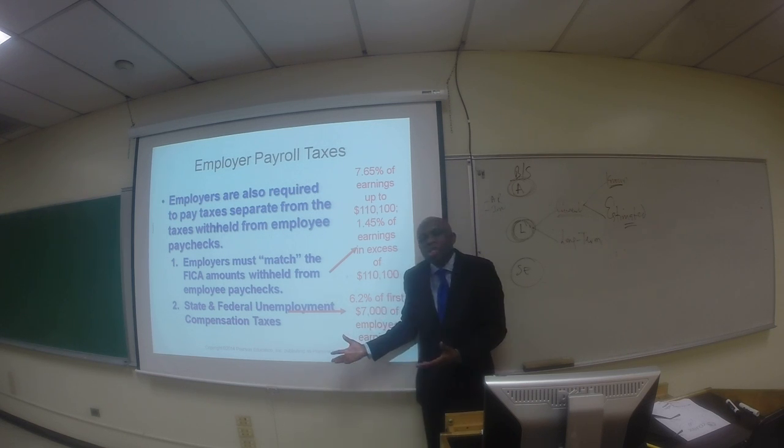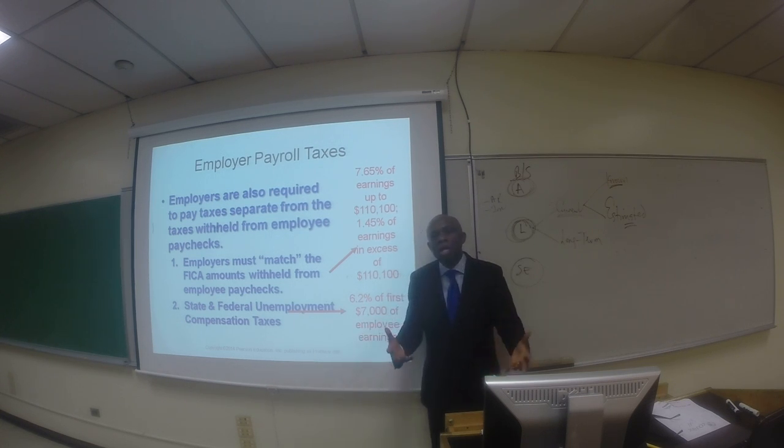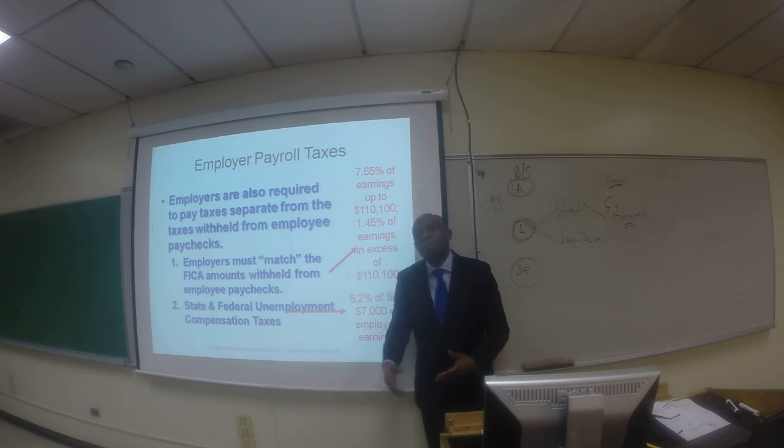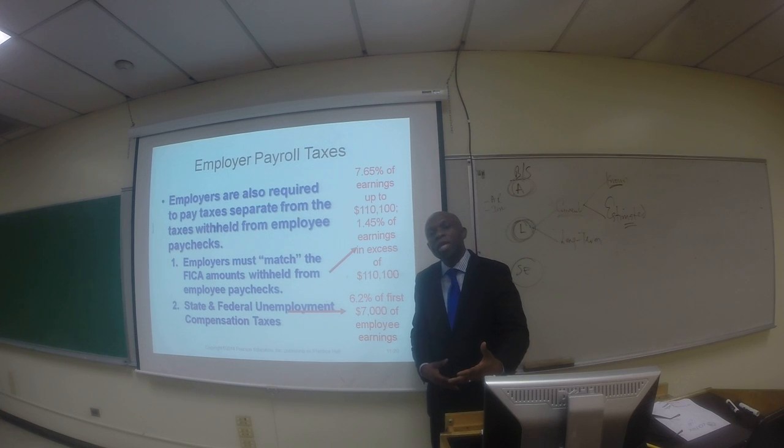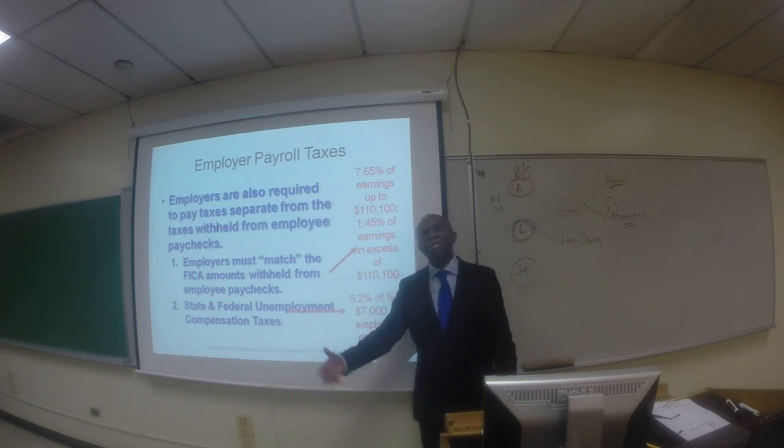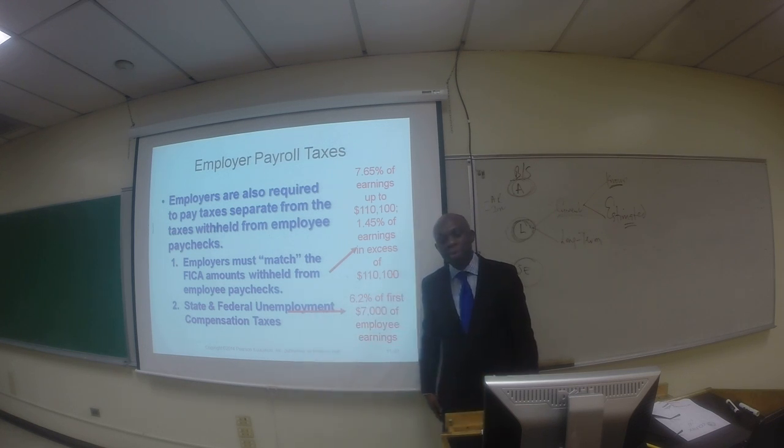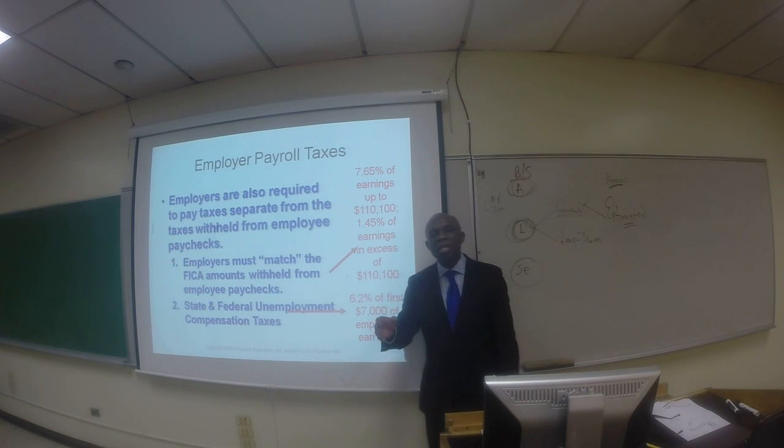It's more or less like insurance, just like your auto insurance. If you have a car, you pay auto insurance. If you have an accident, you claim. So every company that has an employee is obligated to pay federal and state unemployment tax, because when they fire their employee, the employee goes to the government and collects their unemployment check. Again, only the company is obligated to pay this, not you and I as employees.